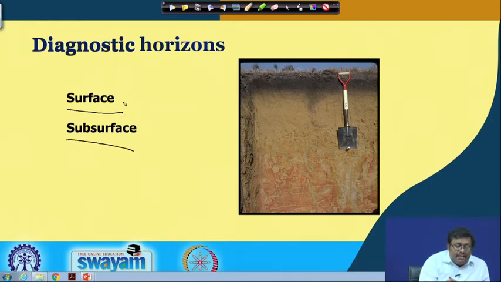Another name of surface horizon is epipedon, and the other name of subsurface horizon is endopedon.